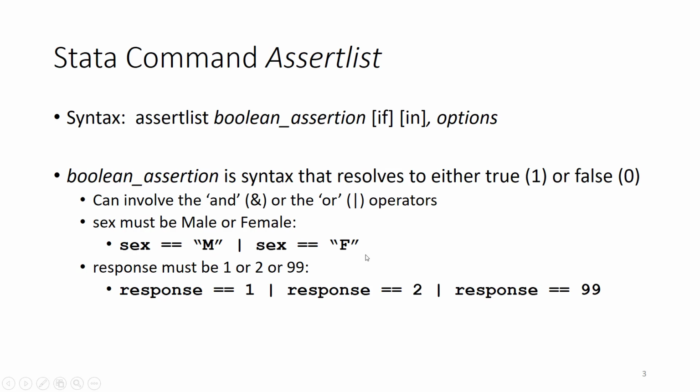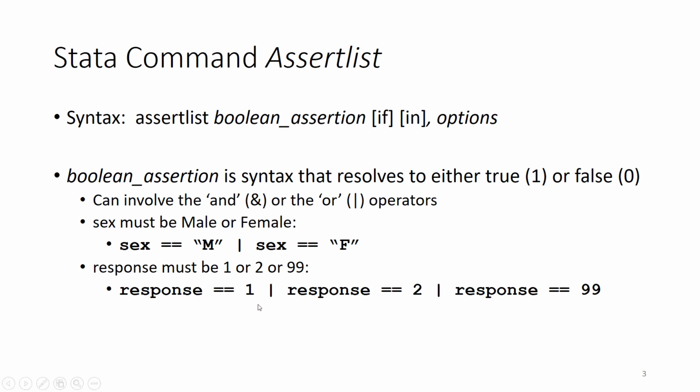For every observation in the dataset, that's going to be true or false. And Assertlist makes a list of the observations where this assertion is false, so where sex takes on some other value other than M or F, and it lists them to the screen or exports them to Excel, depending on what you've asked for.